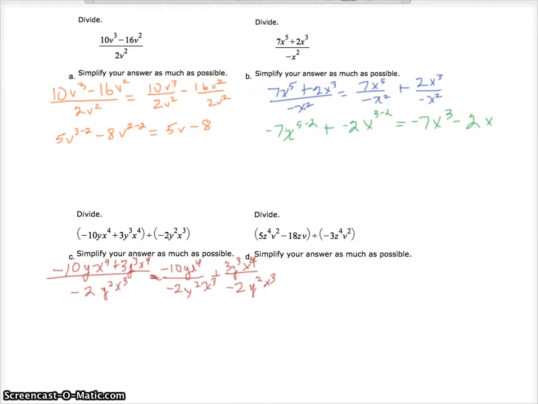And now I can simplify them. I'm going to simplify each term separately. Negative 10 divided by negative 2 is 5.